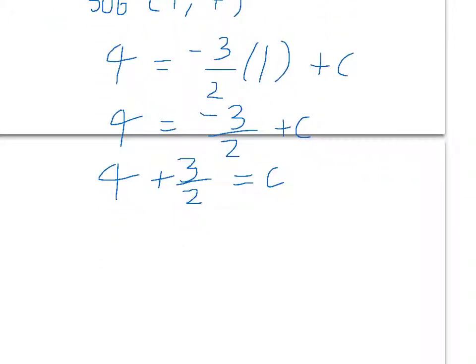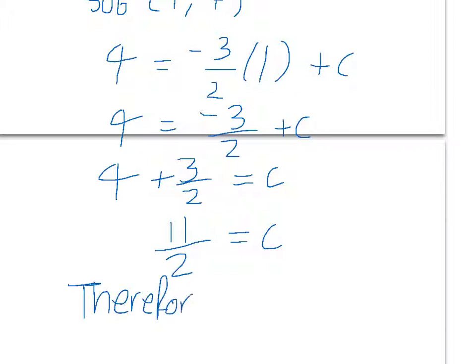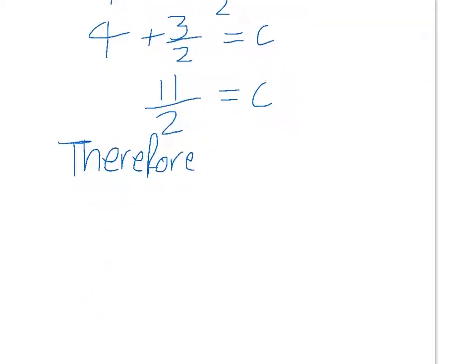So it's 4 add 1.5, which is 5.5, which is 11 over 2. So the straight line equation must be, therefore, y equals minus 3 over 2 x plus 11 over 2.